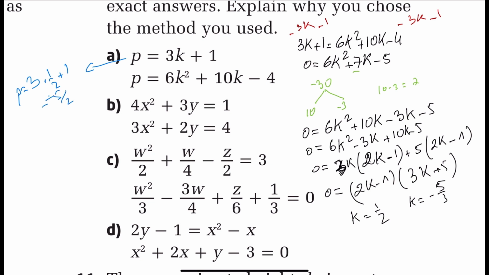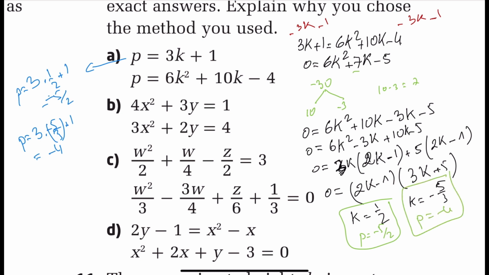So when k is equal to a half, my p is equal to 5 over 2. I found one. I will proceed to find the other one. p is equal to 3 times minus 5 over 3 plus 1, which is minus 4. So my p in this case will be minus 4. So these are my 2 points. I just solved my problem and found my 2 points.